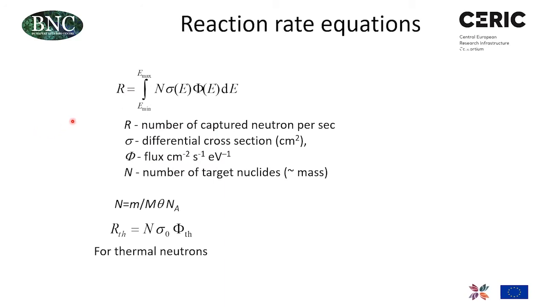In a polychromatic beamline, just like our guided beam of neutrons, the reaction rate, which is denoted by R, comes as the integral of the number of atoms in our sample, the sigma, which is the differential cross-section, so the neutron capture cross-section as a function of neutron energy, and the phi, which is the flux, so the number of impinging neutrons per square centimeter per second and per electron volt.